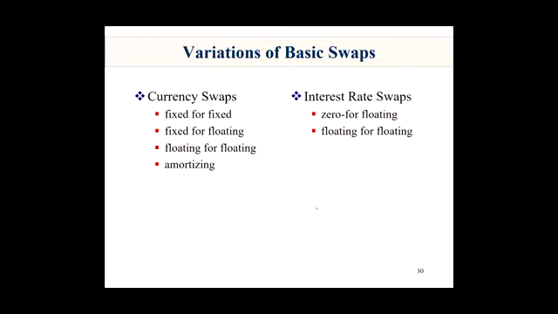We've just looked at a fixed for floating interest rate swap, so it could be a zero for floating. So a zero swap would be where the principal is only paid at the end, so there's no interest payments over the life of the swap. It could also be floating for floating. Okay.